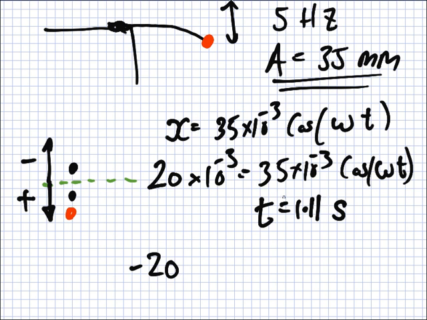Did you have the omega? Yeah, the omega is 2 pi over 0.2, isn't it? So what's that? 31.4. Yeah, okay. Right, so that's the time. Now, do the same thing, except this time put in a minus 20.